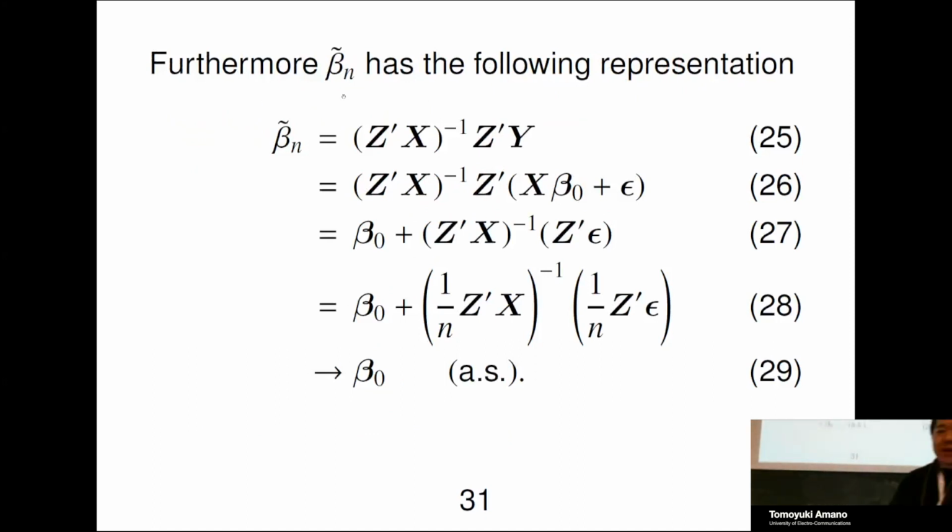This instrument variable estimator has this representation. So we assume zt and epsilon t are independent. So this instrument variable estimator is consistent.